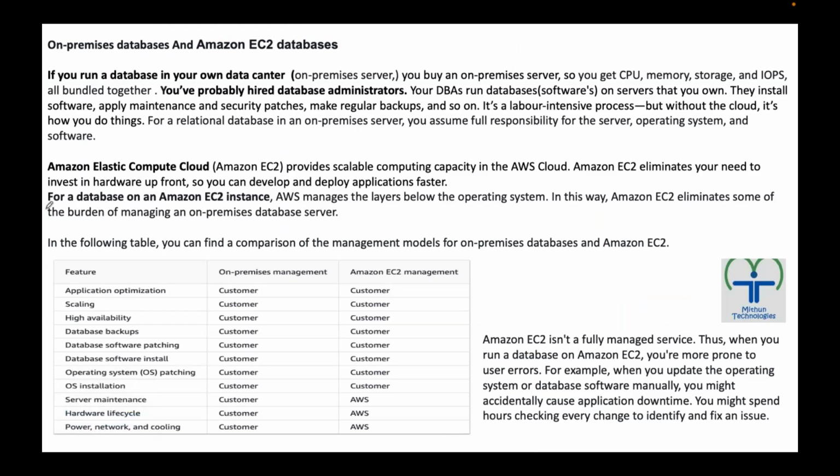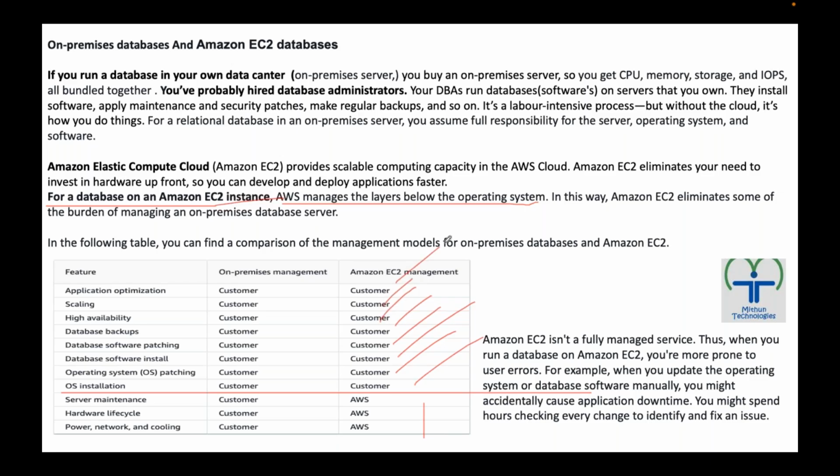But for a database on an EC2 instance, AWS manages the layers below the operating system. But if I am setting up a database in EC2, do I need to take care of OS installation, operating system patching, database installation, database patching, database backups, availability, replication in the database, scalability?